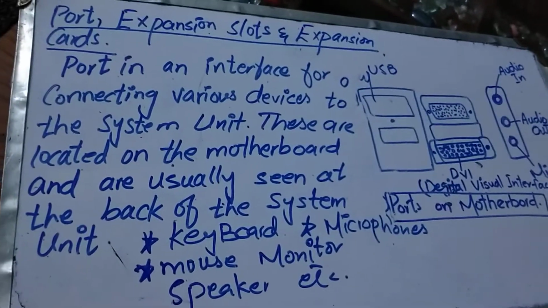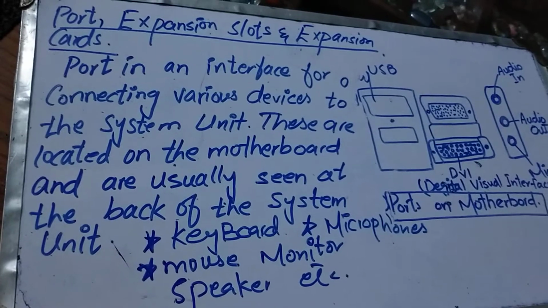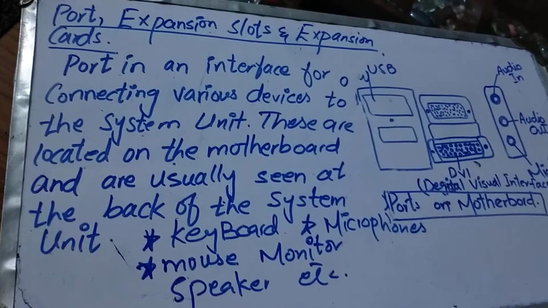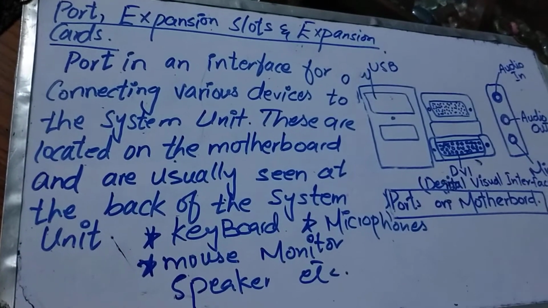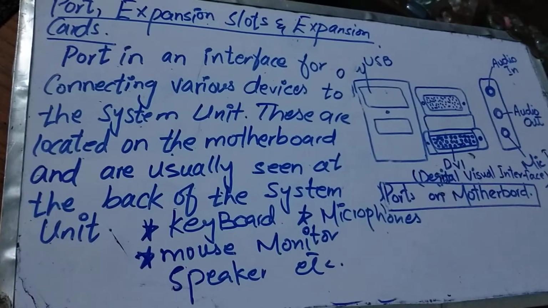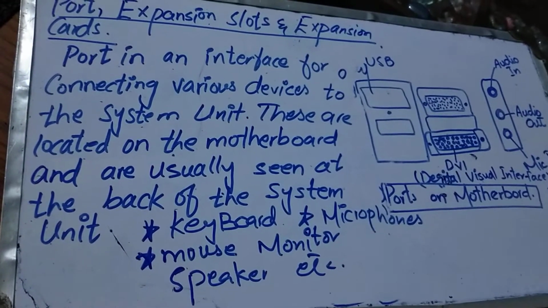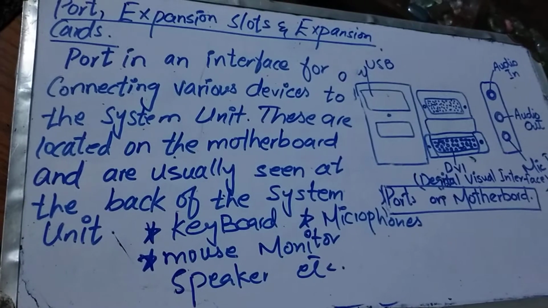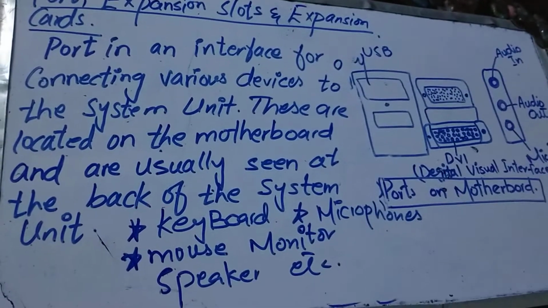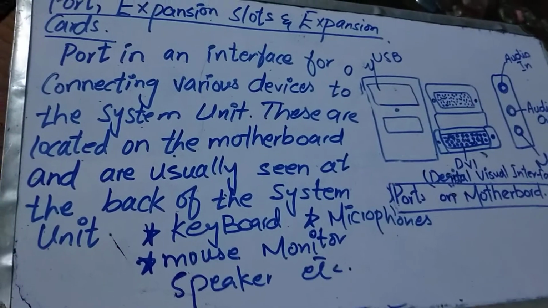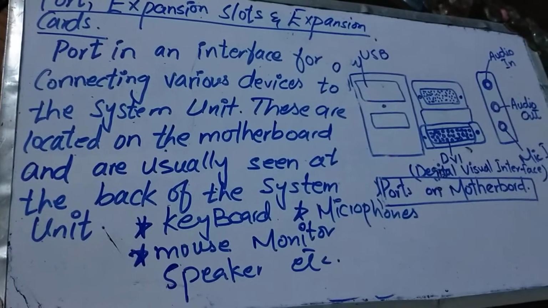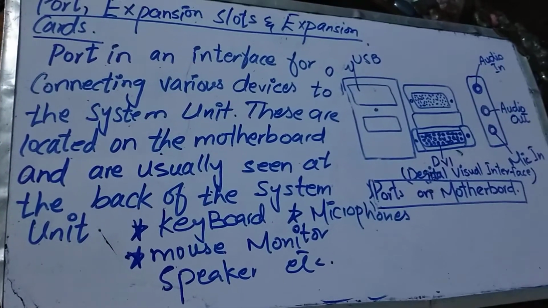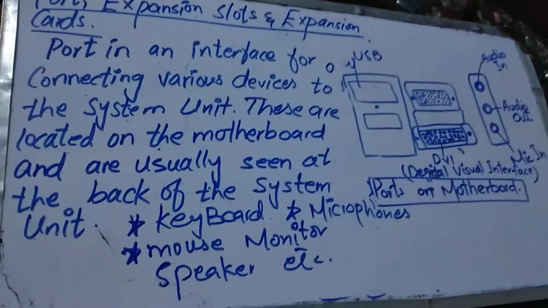So what is port? Port is an interface for connecting various devices to the system unit. These are located on the motherboard and are usually seen at the back of the system unit. For example, keyboard, microphone, mouse, monitor, speaker, etc. Clear, girls?